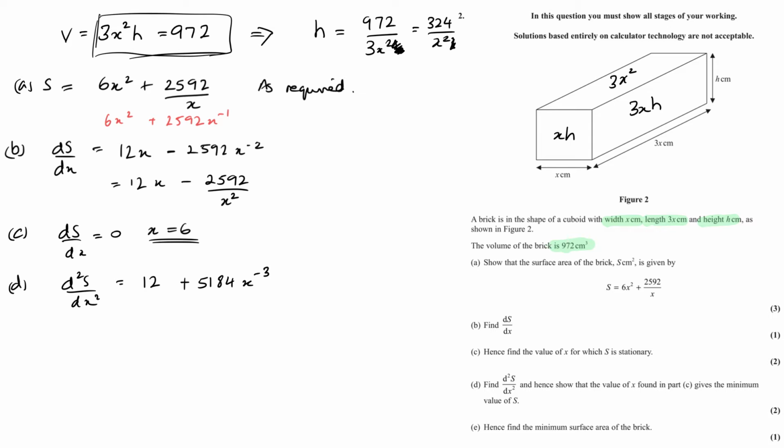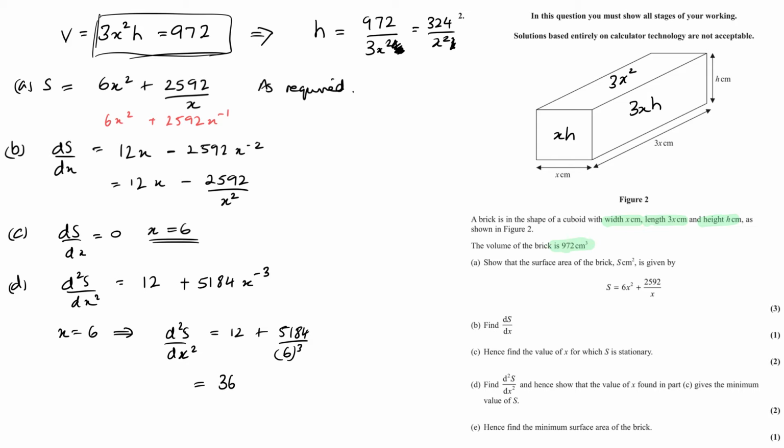Okay, and then it says hence show that the value of x found in part C gives us the minimum. So substituting x equals 6 in, we get d2s by dx squared is equal to 12 plus 5184 over 6 cubed, which is 36 there.